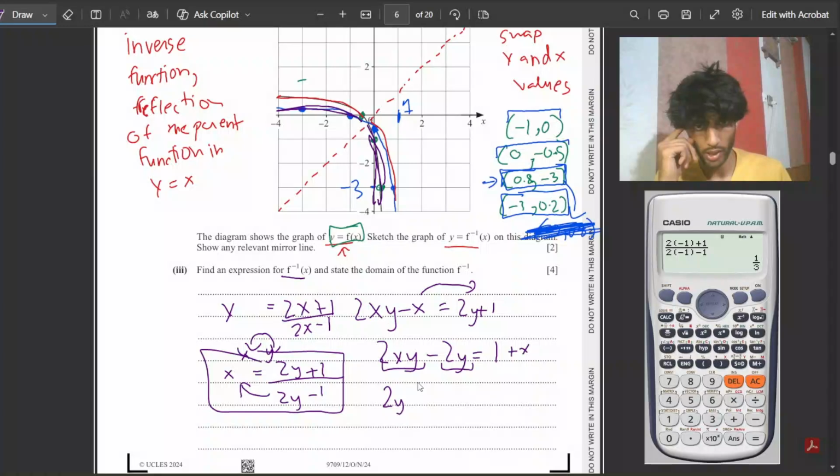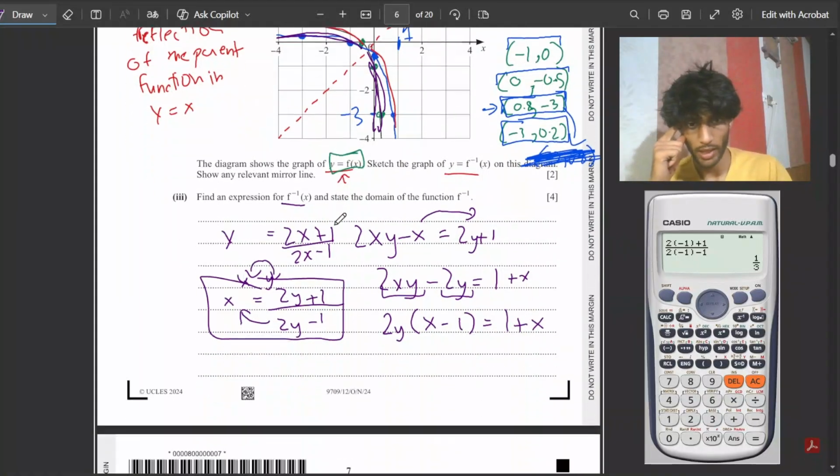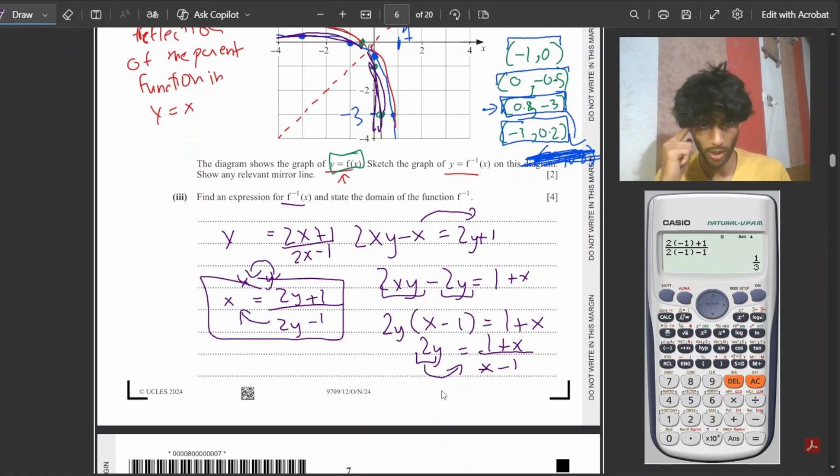That would be 2y times x minus 1 is equal to 1 plus x. And then if I rearrange this equation, 2y equals 1 plus x divided by x minus 1. Since the 2 is dividing over here, when I take it to the other side, it's going to multiply. So I'm going to get y equals 2 plus 2x over x minus 1.